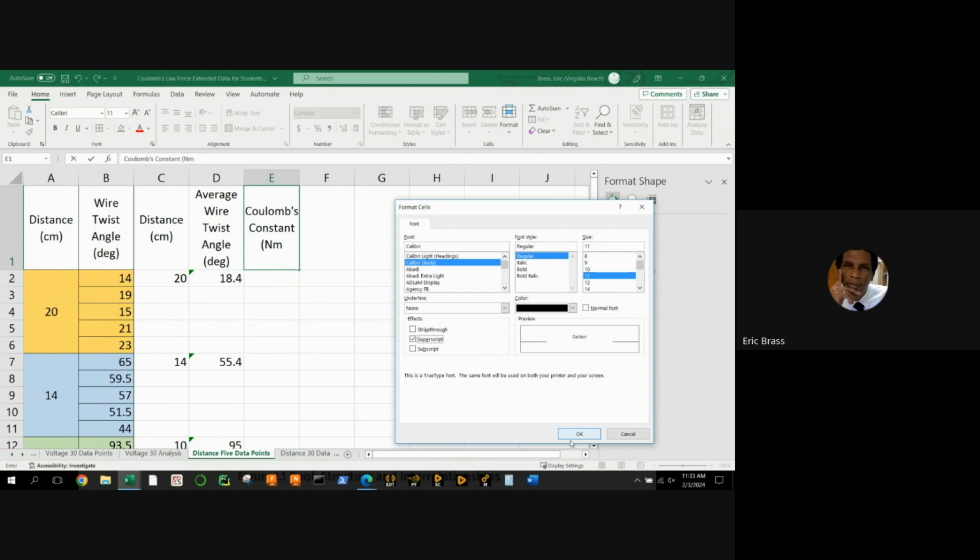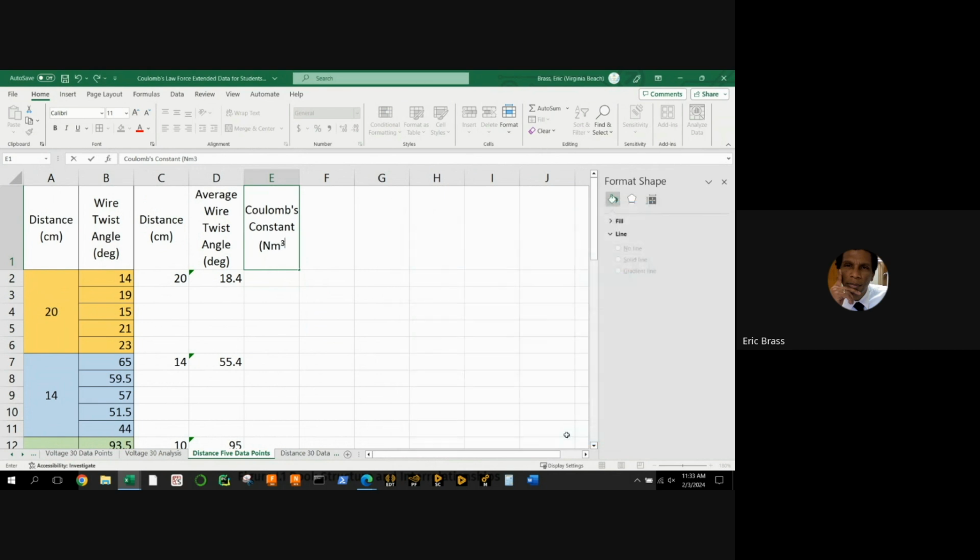I'm going to see if I can hit my F4 key. Squared. F4 2. No, that's not working. All right.